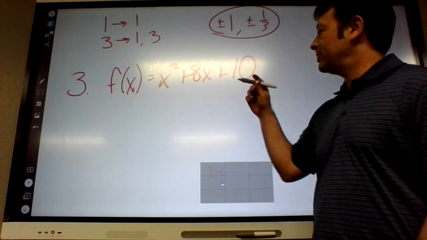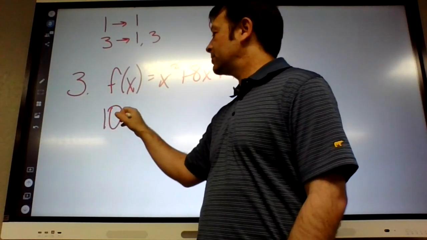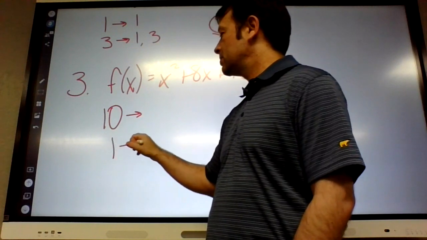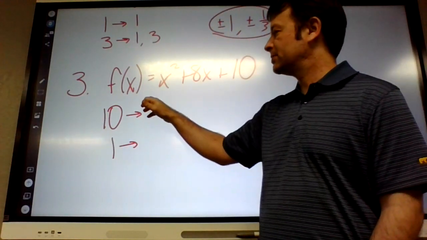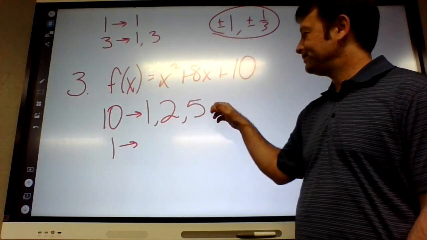Anyway, so number 3, factors of 10 over factors of 1. What goes into 10?